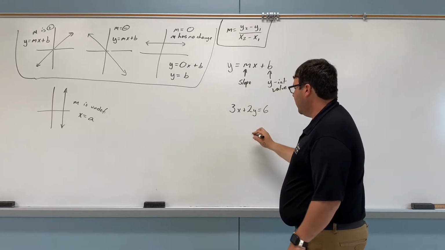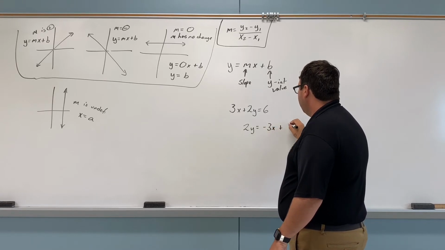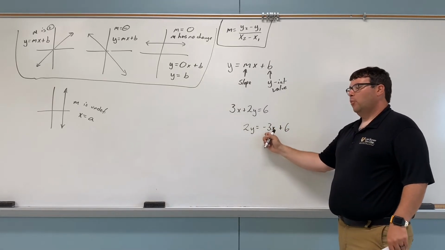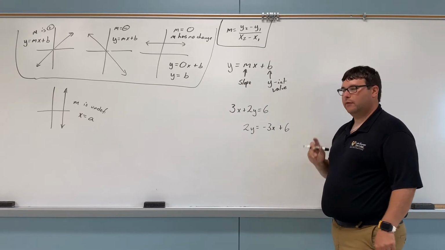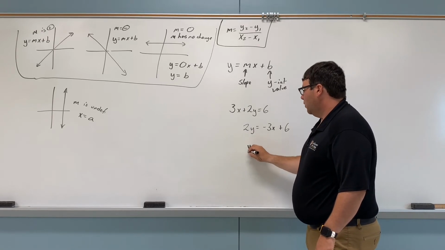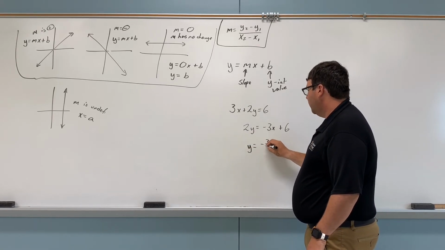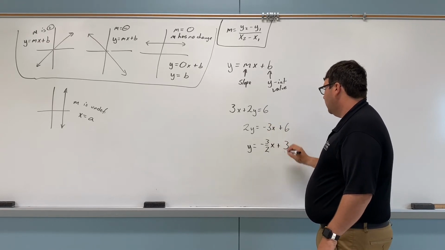So subtract that 3x over. That's 2y is equal to a negative 3x plus 6. Notice how I wrote my x before my constant. That's okay. You can do that, just don't lose your signs. I'm going to then divide by 2. Y equals a negative 3 halves x plus 6 divided by 2, 3.